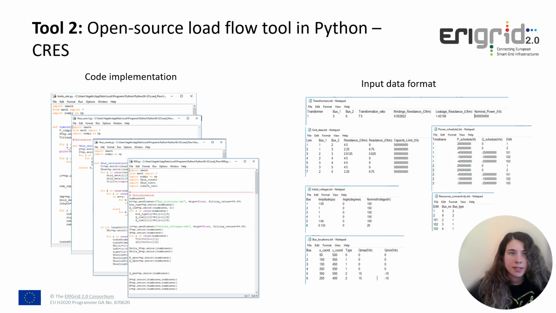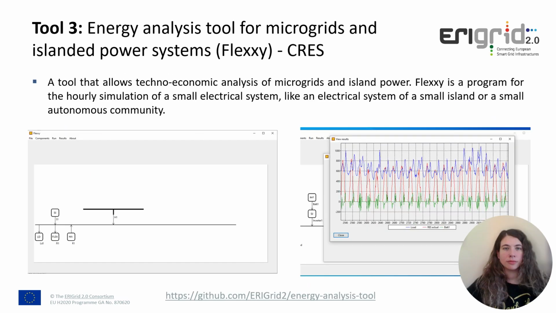As you can see in this slide, the four scripts for the code implementation are provided, and also the input data to those scripts. And more information, again, you can find in the repository on GitHub, also on the ERIGrid 2 webpage.